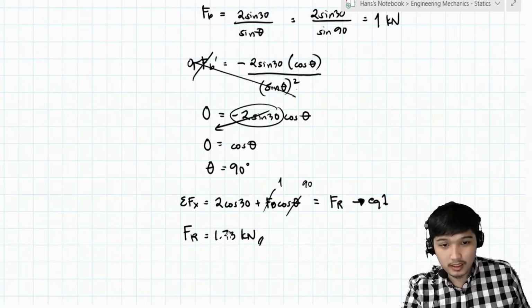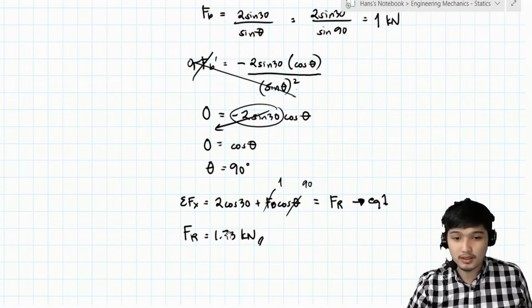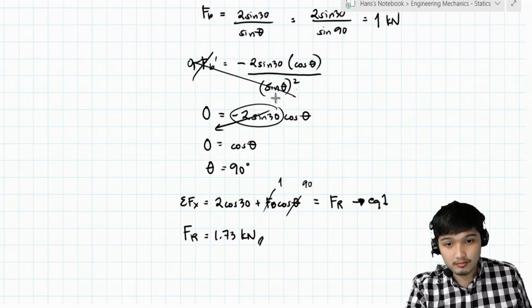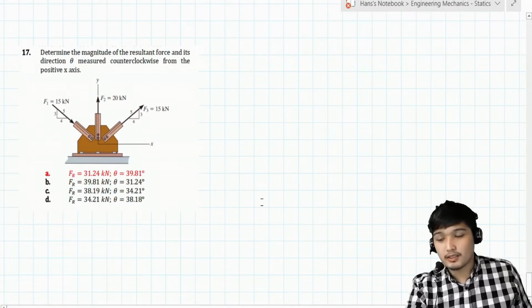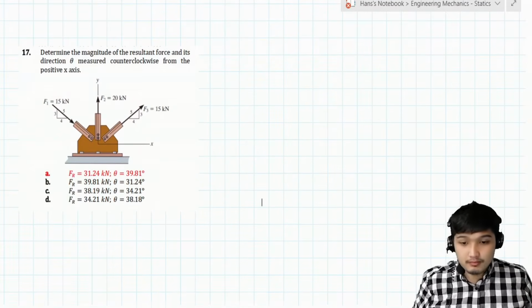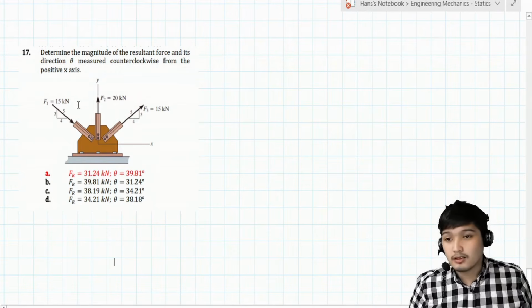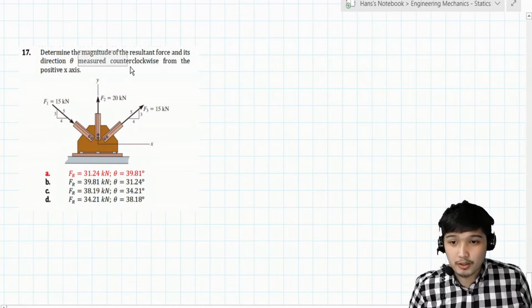Next problem. Sana nandiyan pa kayo, class, no? Practice lang tayo ng practice. So, problem number 17 tayo. Okay, ayan. Sabi dito, determine the magnitude of the resultant force and its direction measured counterclockwise from the positive x-axis.